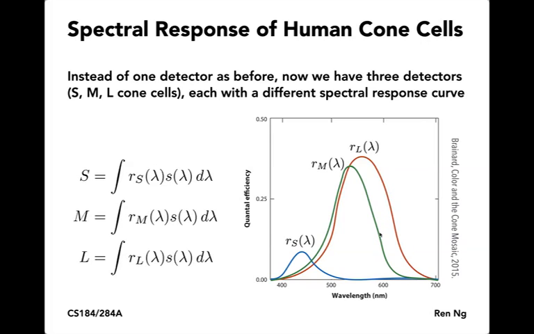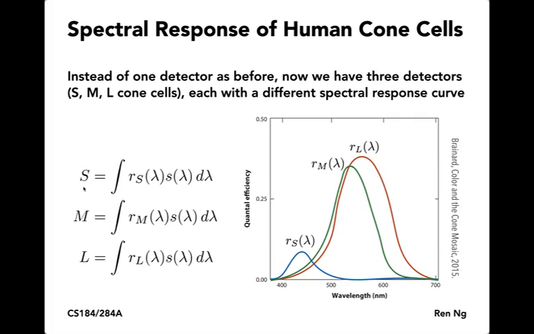So instead of one simple detector, as I described last lecture, on our retinas we have three types of photodetectors, and they have quite different spectral responses, as you can see here. We can talk about the scalar response of each one. Each one is a simple detector, okay? We can talk about the capital S, capital M, capital L response, which is a scalar number.